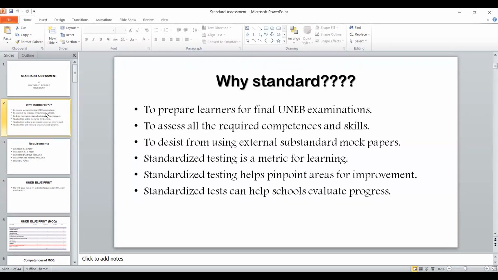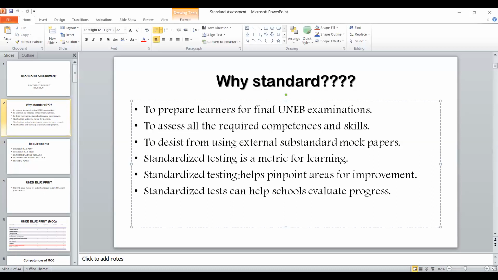I make sure that I set a standard paper without considering other mock papers. So you will find that when you follow the blueprint, as we are going to see, you will not be surprised to see that some of the questions will appear in the UNEB final papers.